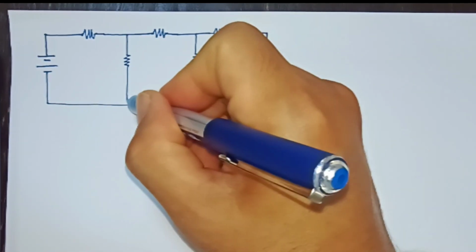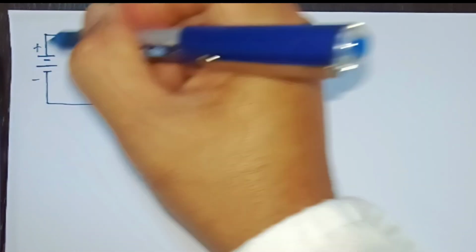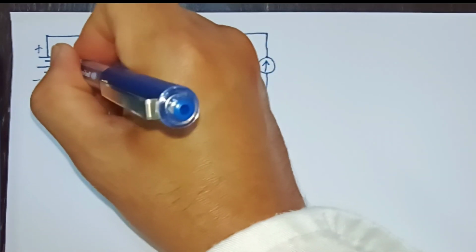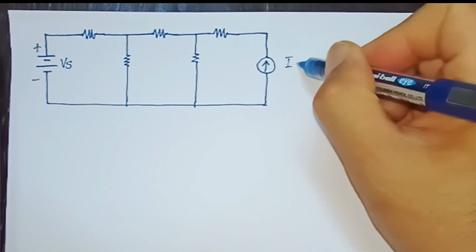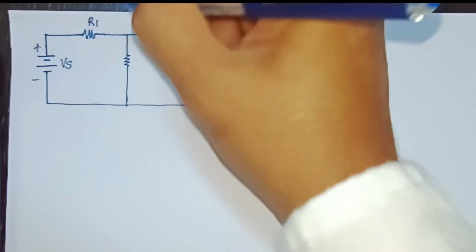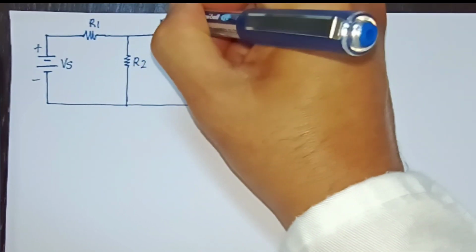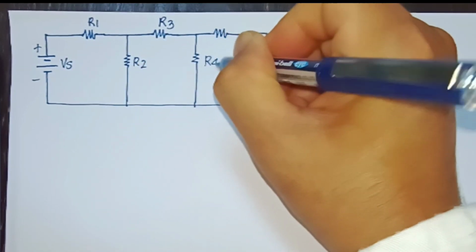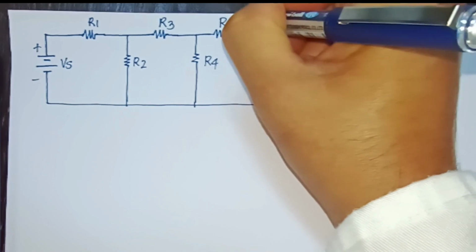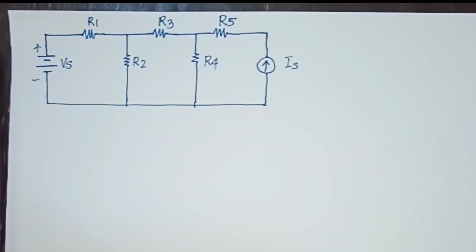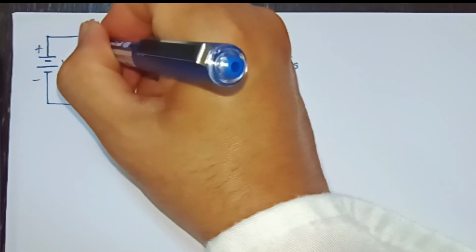and let's name them R1, R2, R3, R4, and R5. Now I have labeled here VS and IS, and I'm now putting the names R1, R2, R3, R4, and R5 in our circuit.